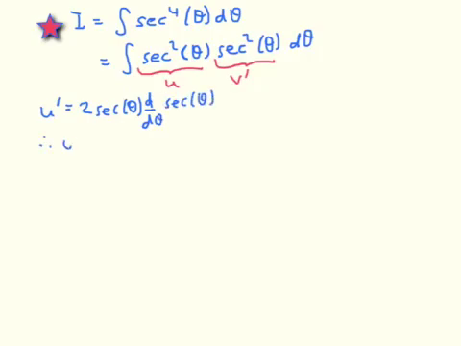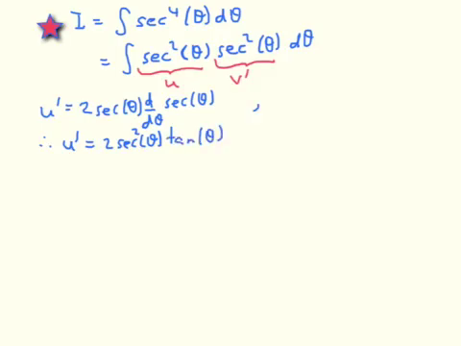So therefore u prime is 2 sec theta, and the derivative of sec theta is sec theta tan theta. So the extra sec theta factor, I'm not going to write it here, I'm going to write this instead as a square. So it's 2 sec squared theta tan theta.